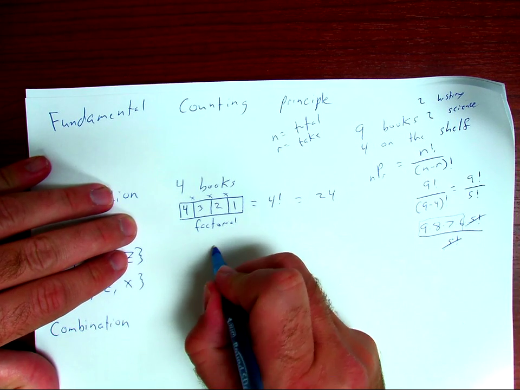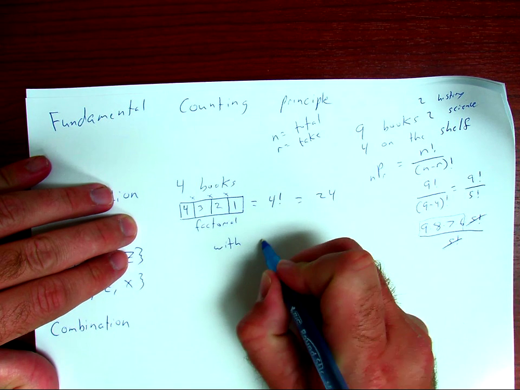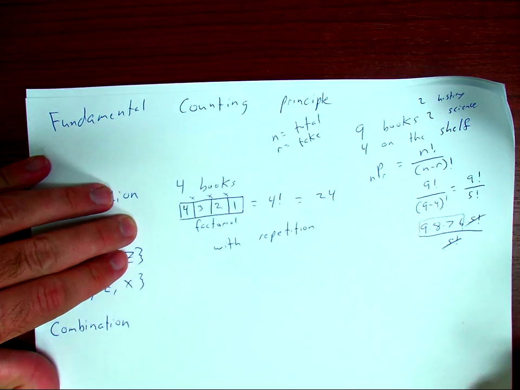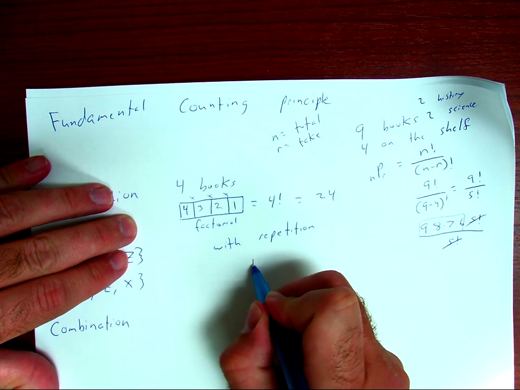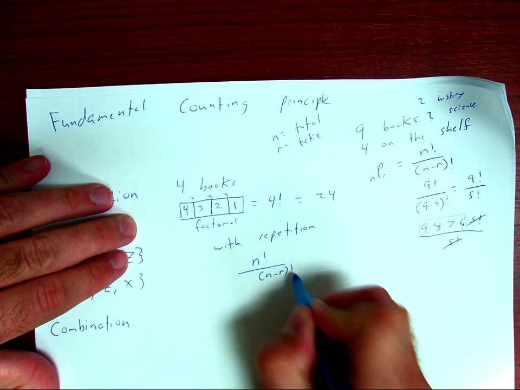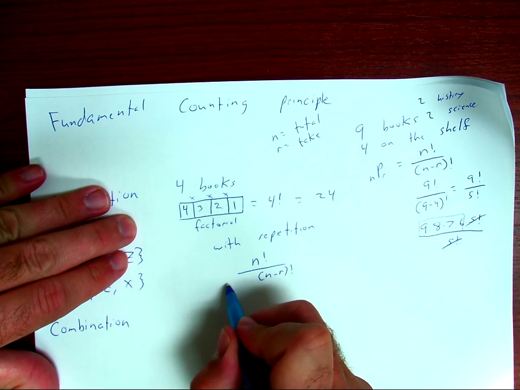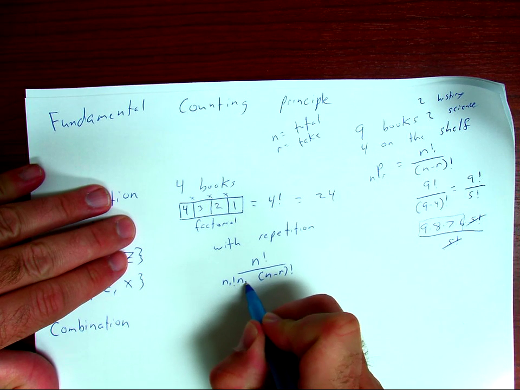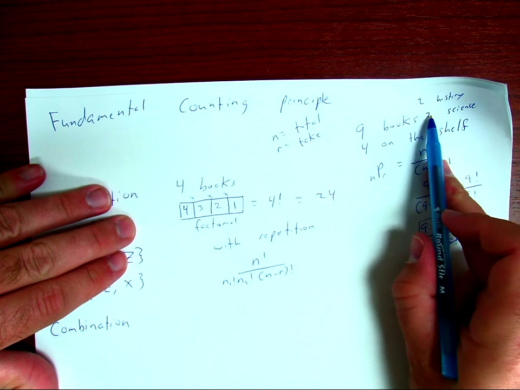So with repetition, it's still n factorial over n minus r factorial, but we're going to add a subset factorial for every repeat we've got.